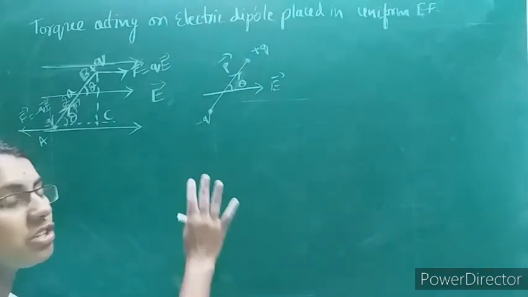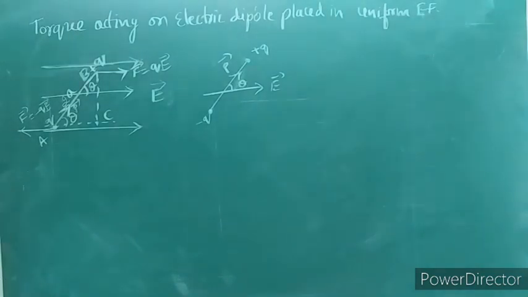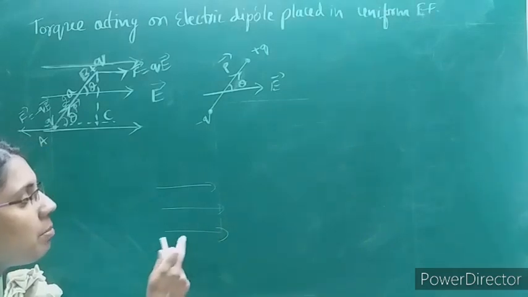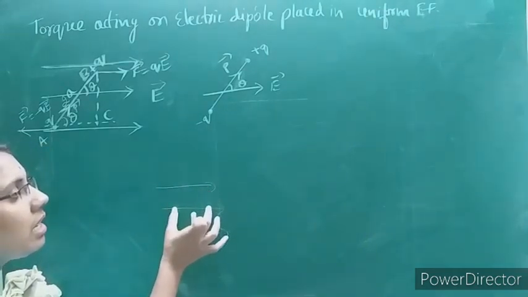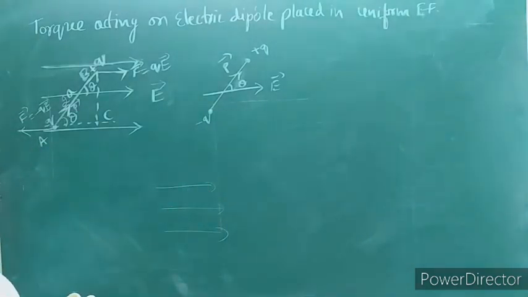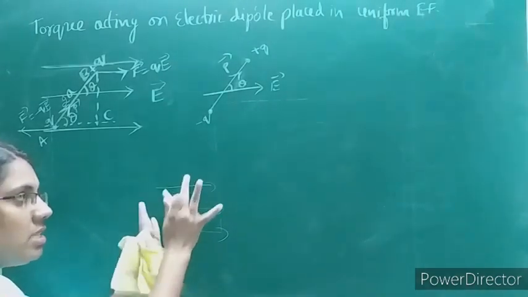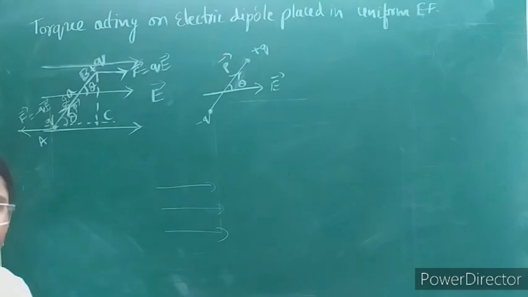Then we call that region a uniform electric field, and that uniform electric field is always represented by drawing parallel equidistant lines.